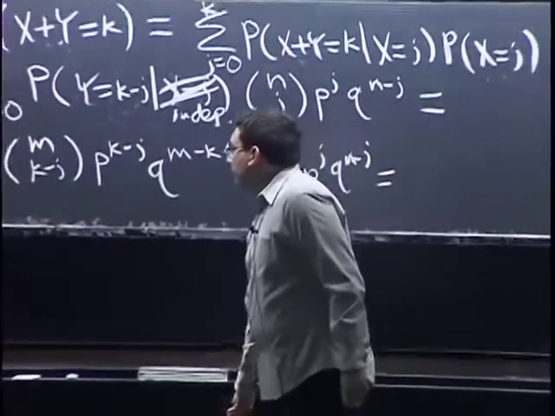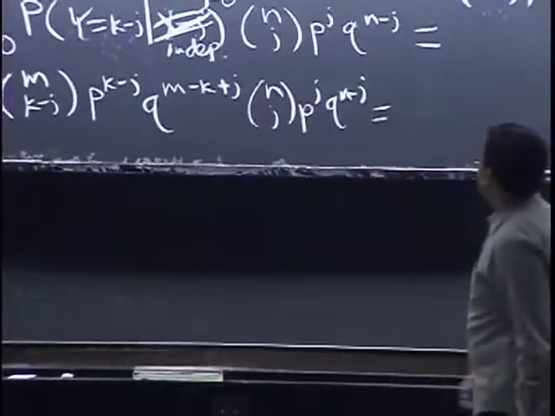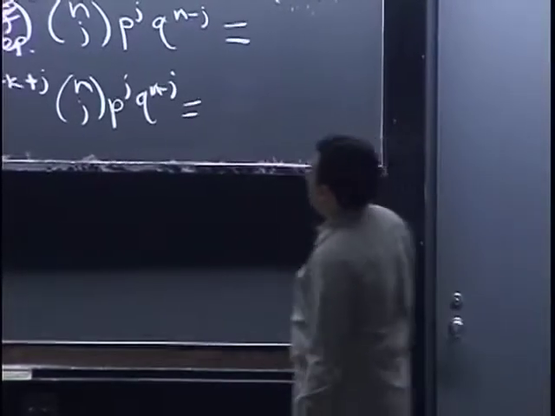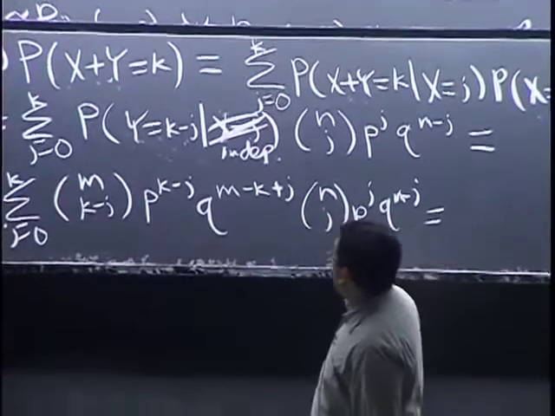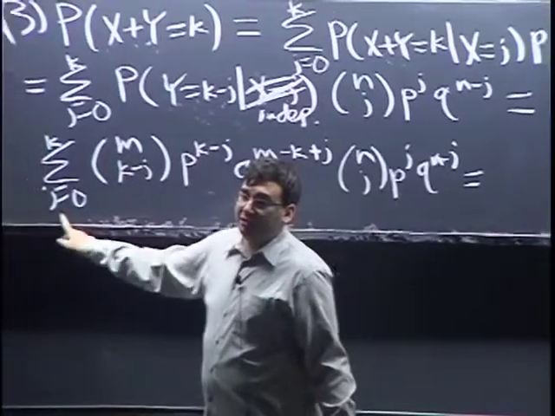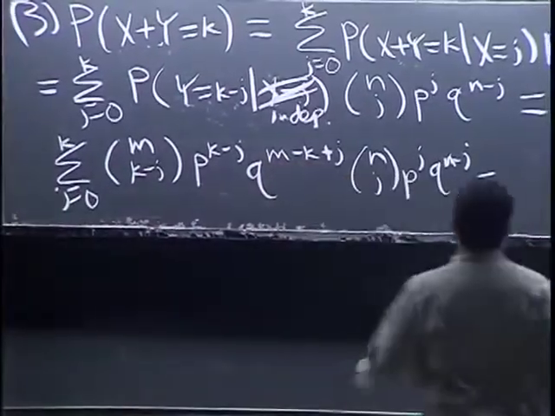Okay, well that looks ugly, but we can simplify it at least a little bit. We can collect the powers of p, so that's p to the k. p to the k does not depend on j, so we can take it out of the sum. It's a constant.